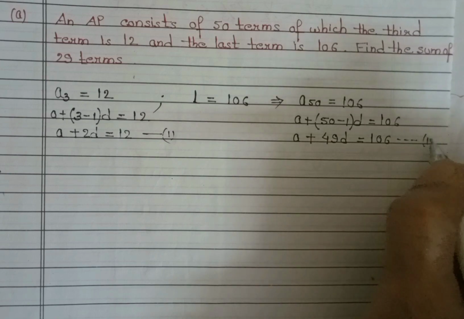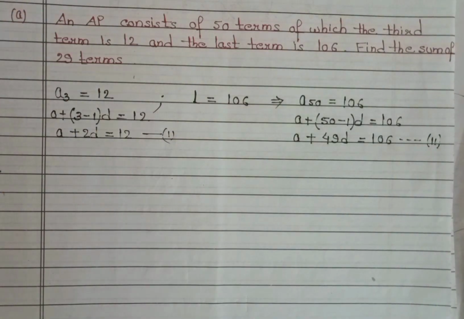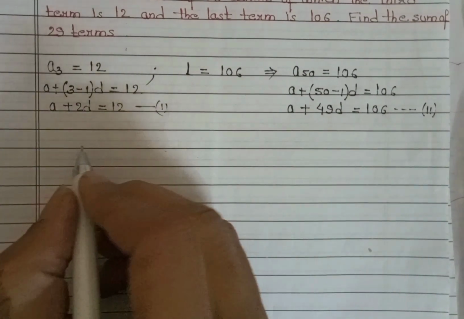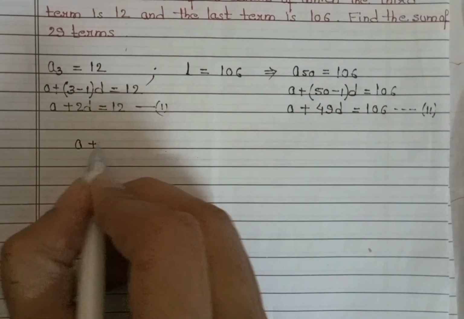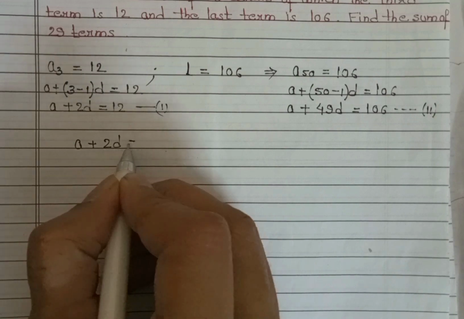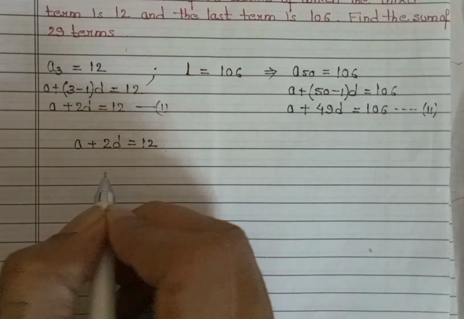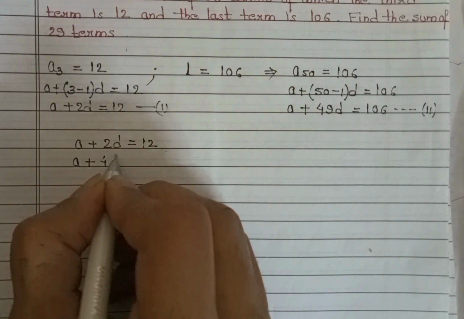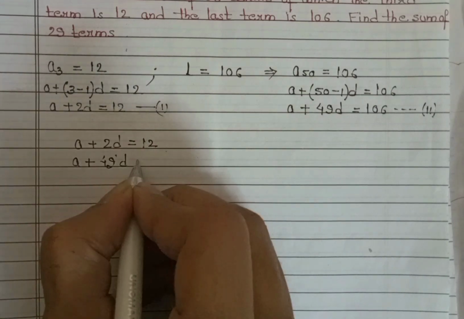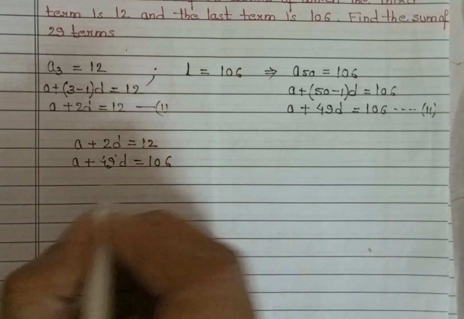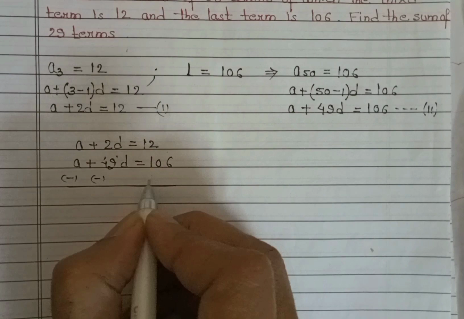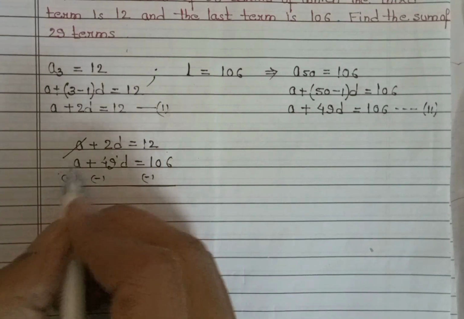So we have got the two equations. Now let us solve these two equations to get the values of a and d. The first equation is a plus 2d is equal to 12. The second equation is a plus 49d is equal to 106. Solving the two equations, we are changing the sign.